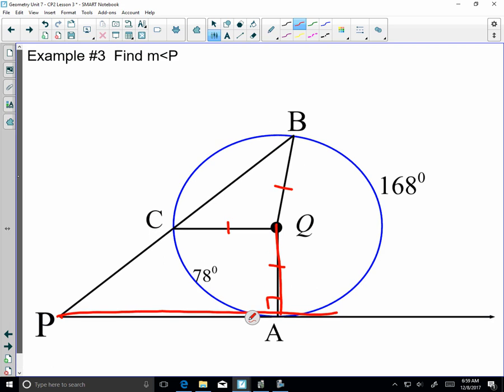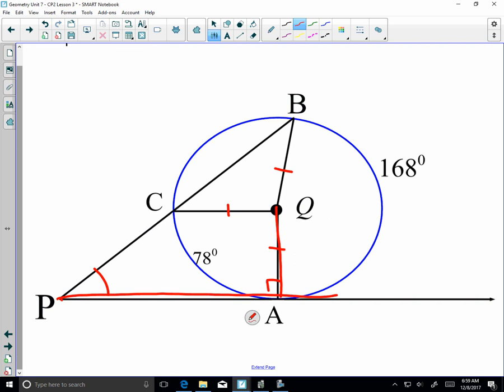Our whole goal in this problem is to find the measure of P. We can do that based on triangles or based on quadrilaterals, and since this angle is not given, we have to work with the quadrilateral.